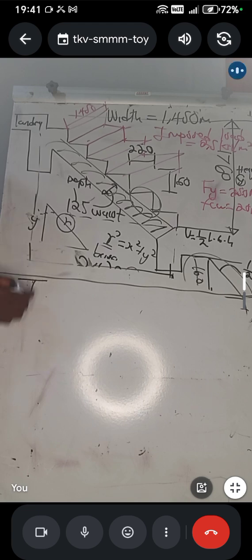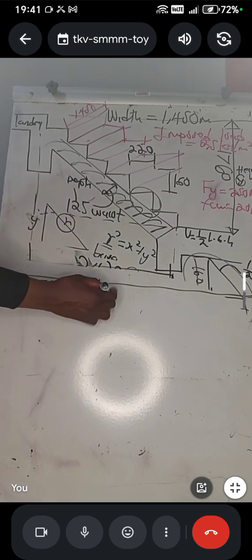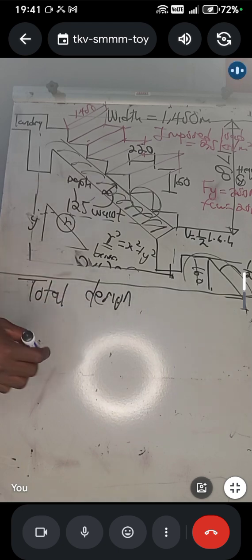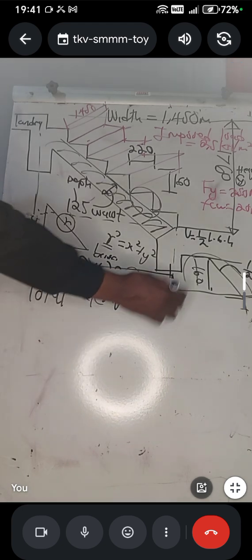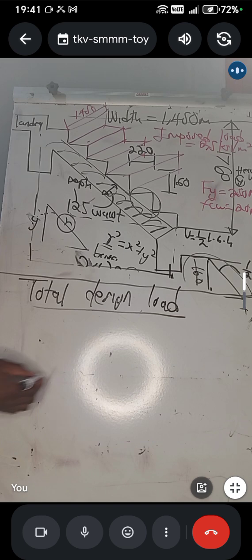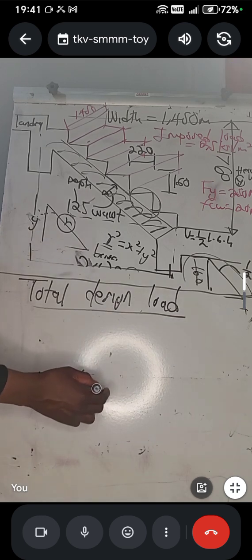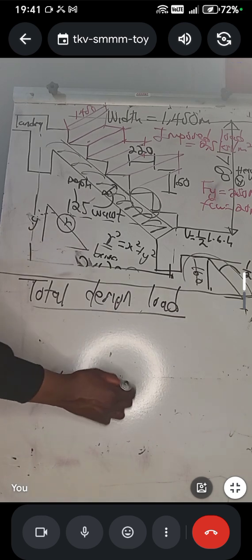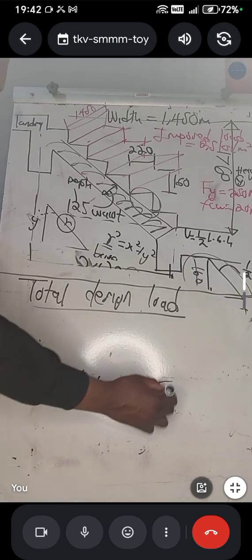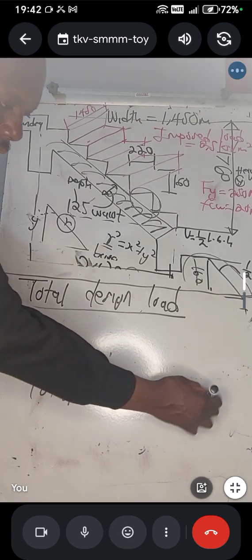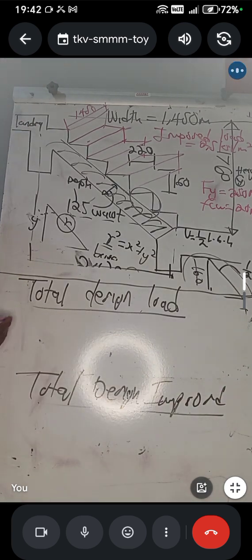We have the total design load, and then we have the total imposed load. Good. How do you calculate this one?